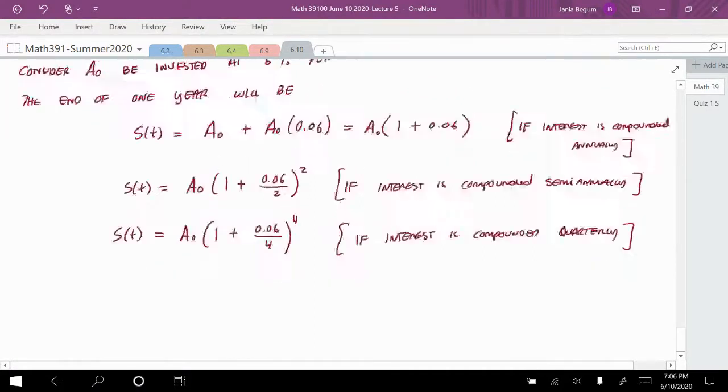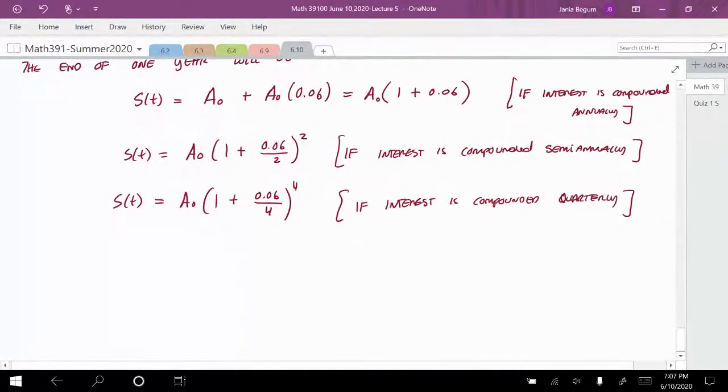And then we can also compound it monthly, weekly, and so on, or daily. That's pretty cool if you compound it daily, but of course no bank does that. So let me give you one more, monthly. That would be A naught times (1 plus the interest over 12) to the 12th power.